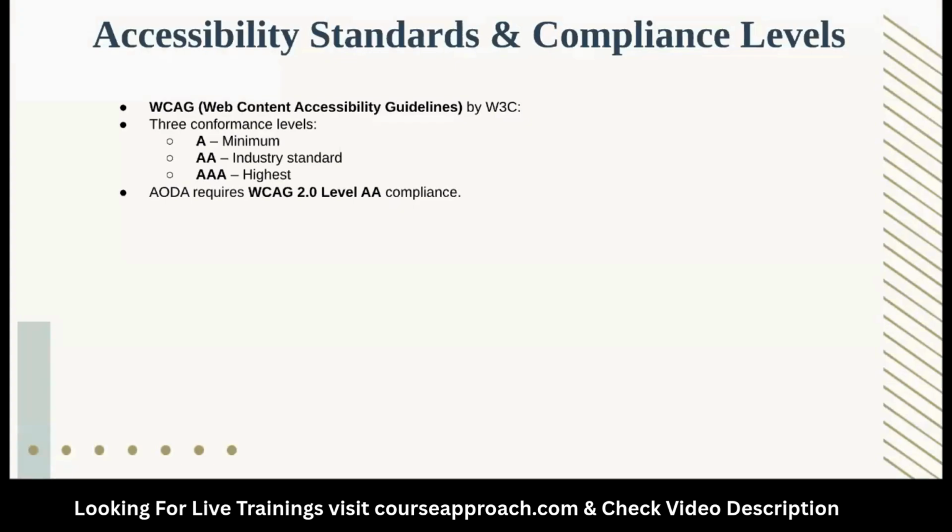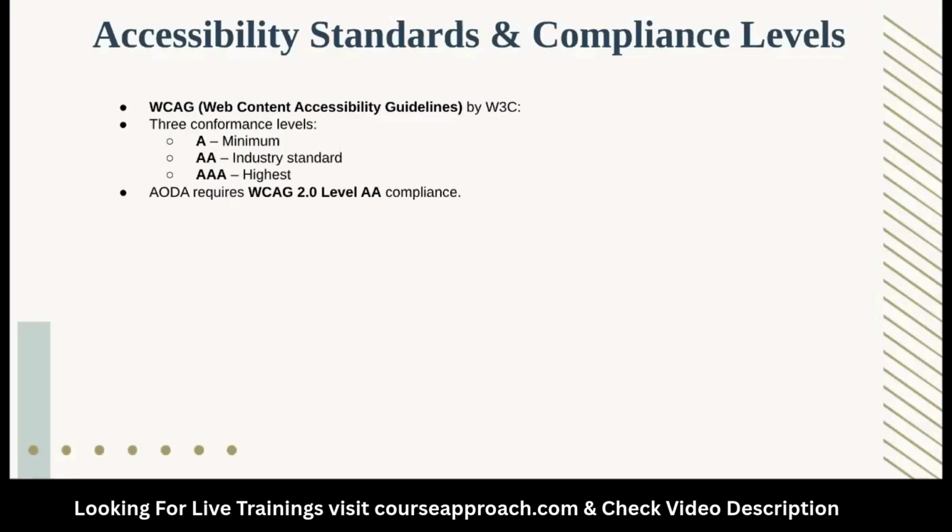And level double A is the industry standard. Here we will be covering the minimum color ratio, meeting color contrast issues, and videos and audios having alternative text and audio descriptions. In level double A, we have this kind of guidelines.